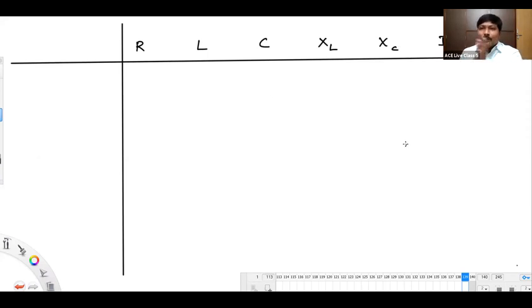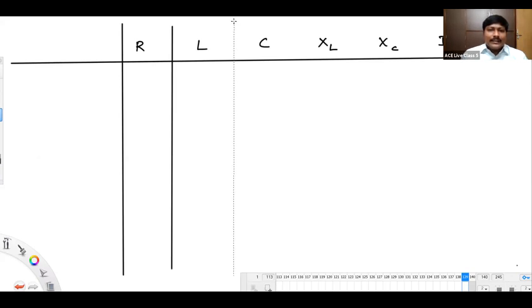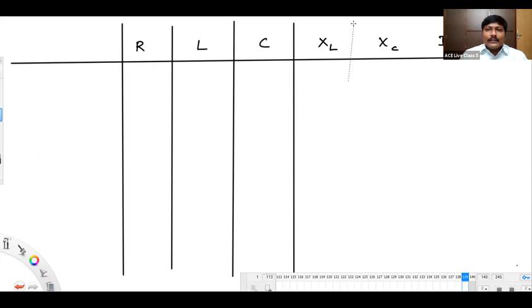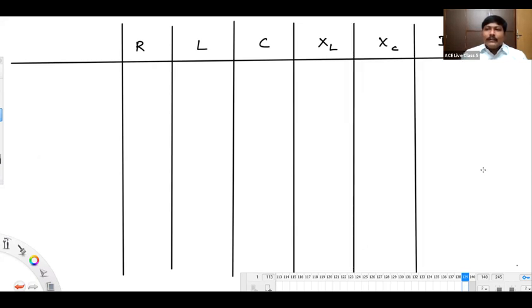Let me discuss these remaining three also. For resistance, variation we should say increasing, decreasing, or constant. Capacitance, increasing, decreasing, or constant. And similarly XL, XC, and IC, the charging current. Okay?